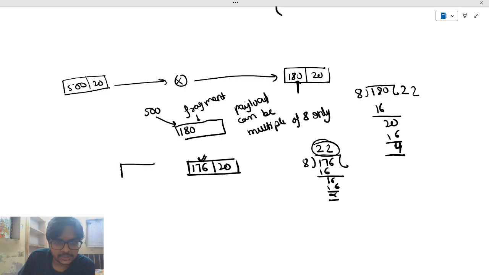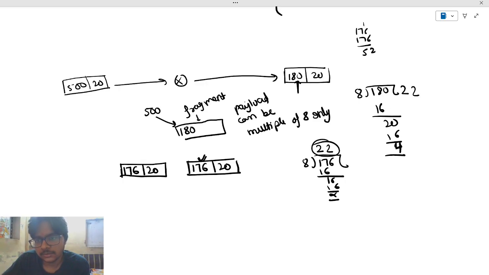So now comes the second fragment. Similarly, the second fragment will have 176 bytes of data, payload. So how much is left? 176 times 2 is 352, and the total we had was 500.